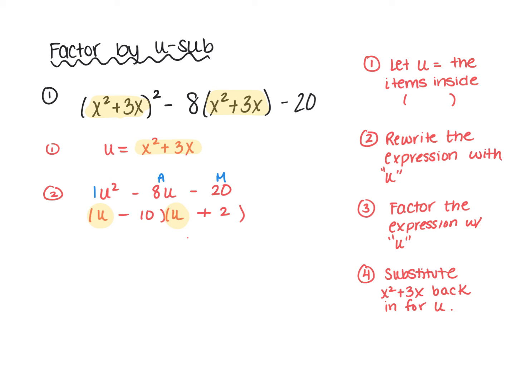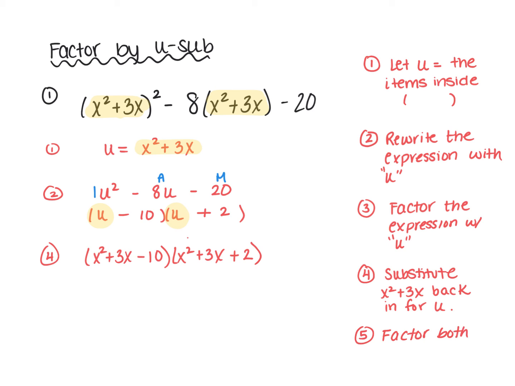So I have x squared plus 3x for u, but then it's minus 10. Then we have u, which is x squared plus 3x, and then we are plus 2. So don't forget that plus 2.